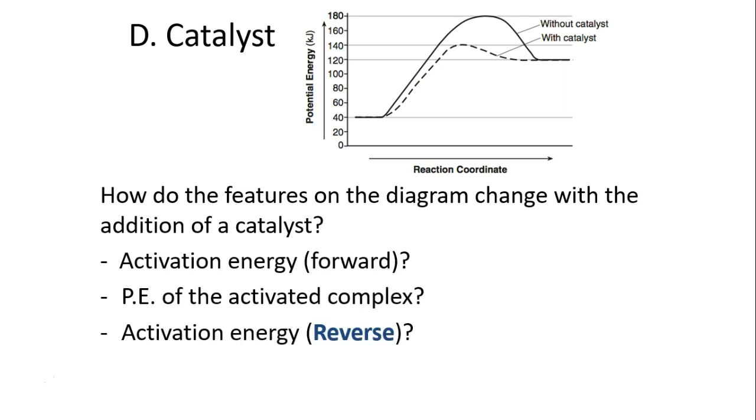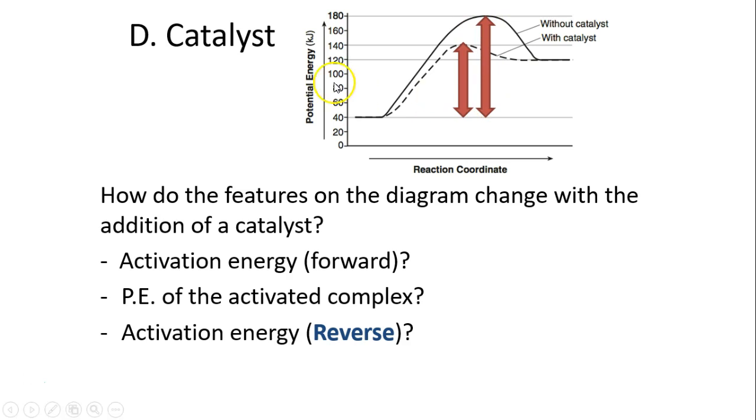Okay, some more changes that could happen. What about the activation energy for the forward? So remember, the activation energy is at the top of the hill, and so for the forward reaction, it's from where the reactants are to where the activated complex is. So it's this distance right here.